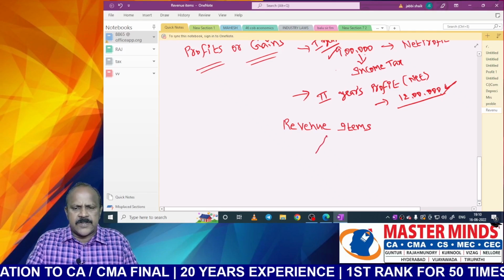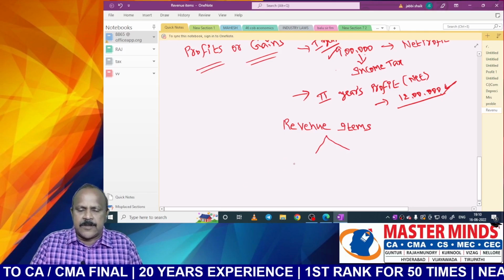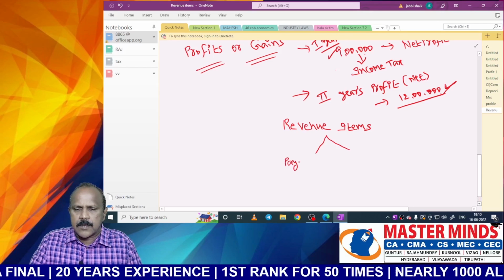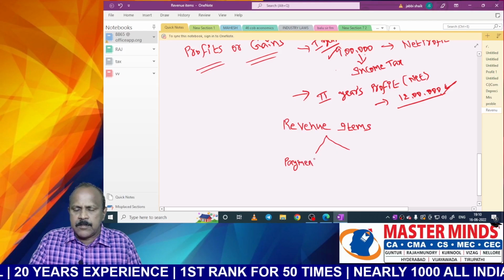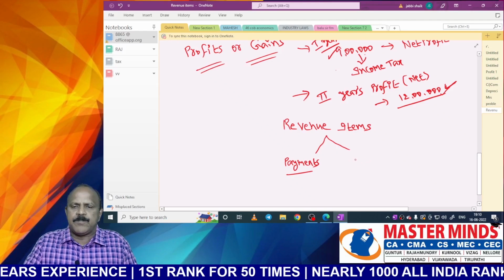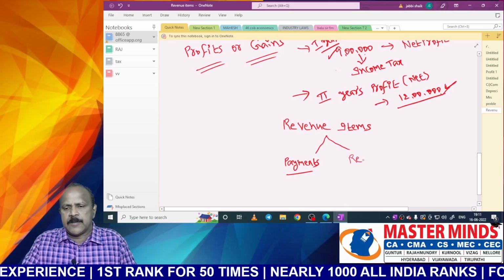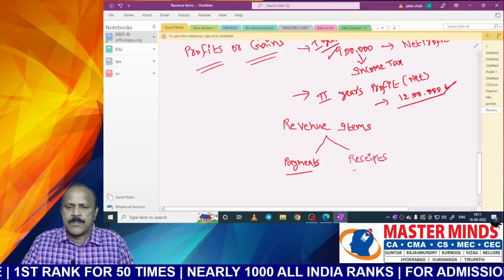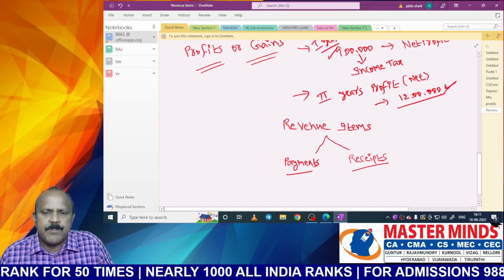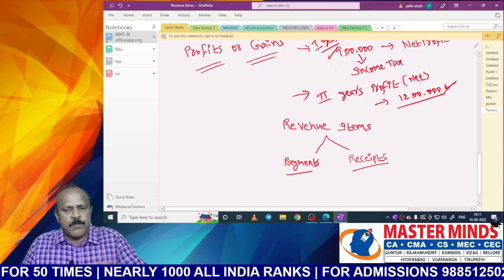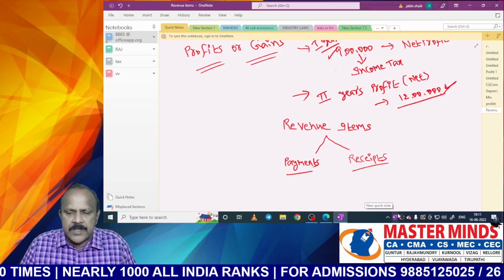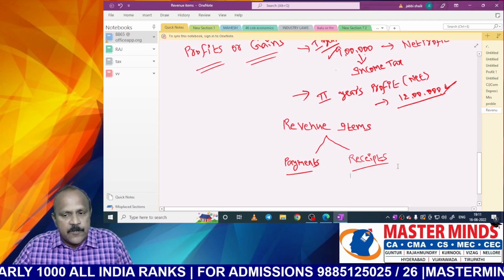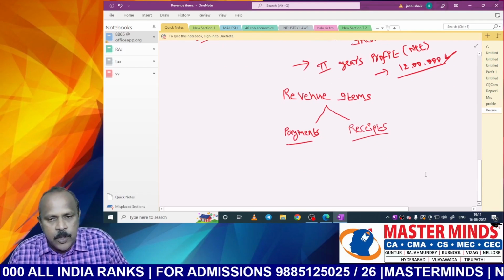Among the revenue items, there are some items of payment nature and some items of receipt nature. What I mean to say, first we have to identify an item to be a revenue item.